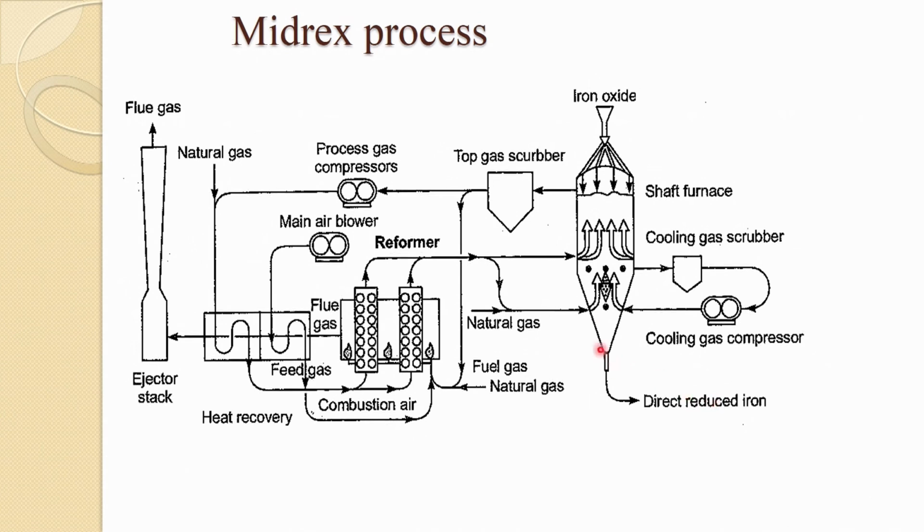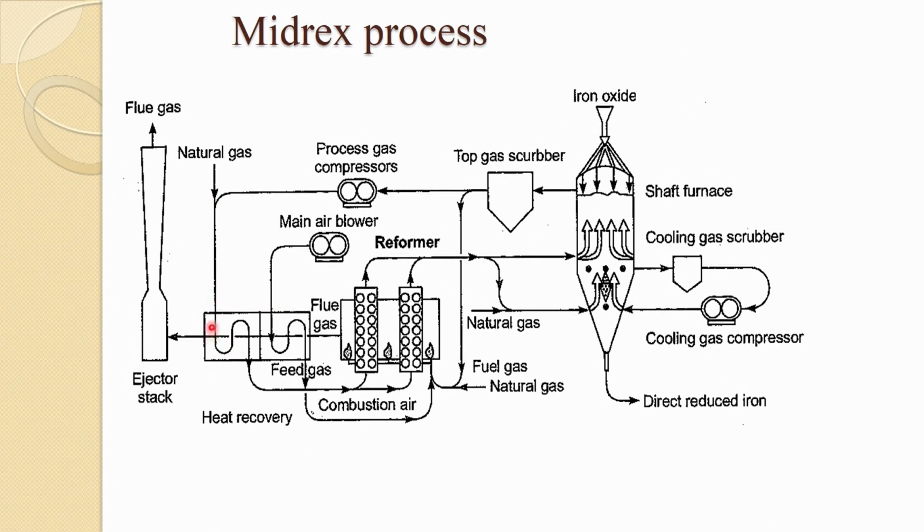So, DRI comes out from the bottom, and these less reduced gases are collected at the top using a gas scrubber to remove dust and other things. Part of it, because it still has sensible heat, is used as fuel to burn in the reformer and heat it up, and the flue gases are also used to reheat the natural gas.